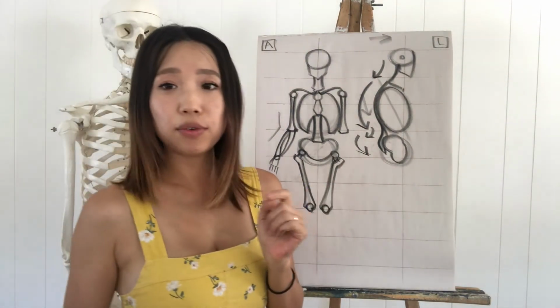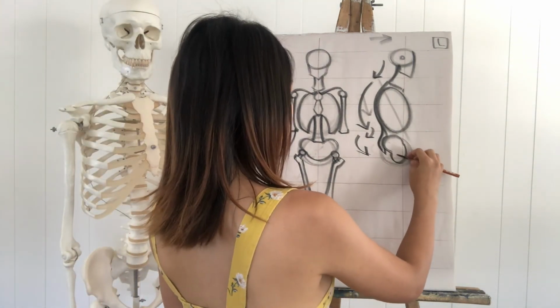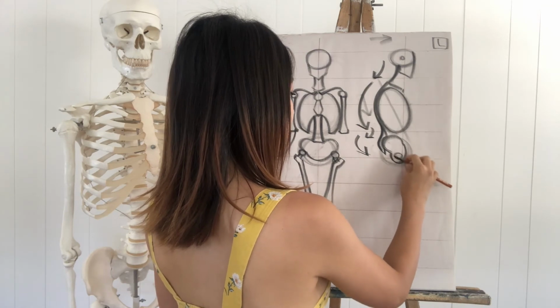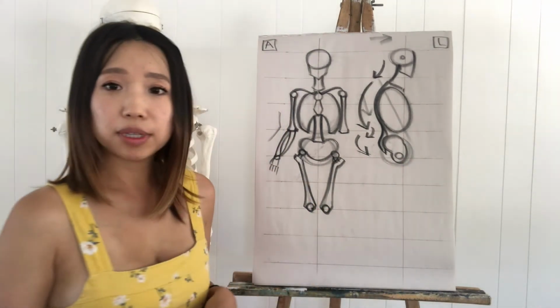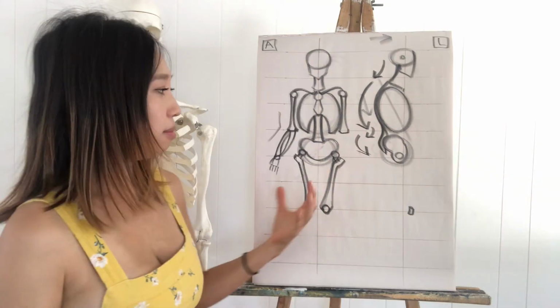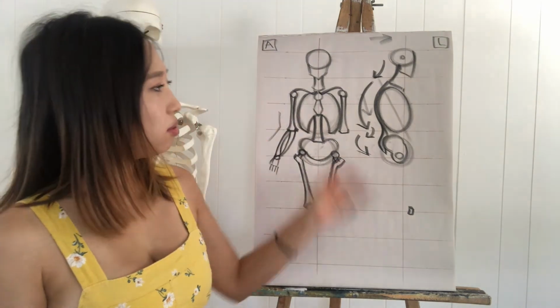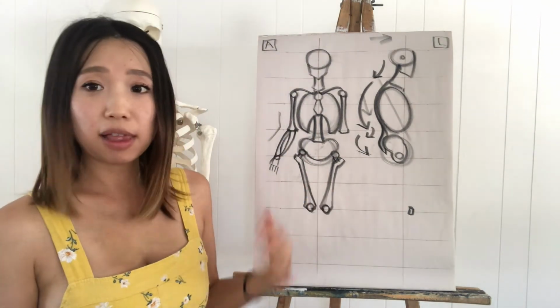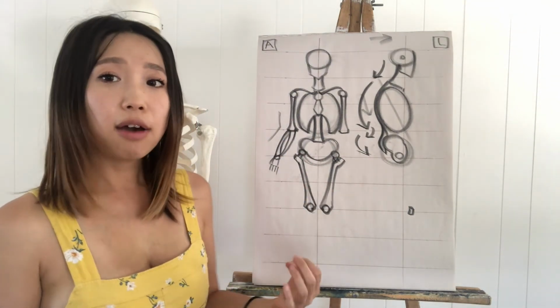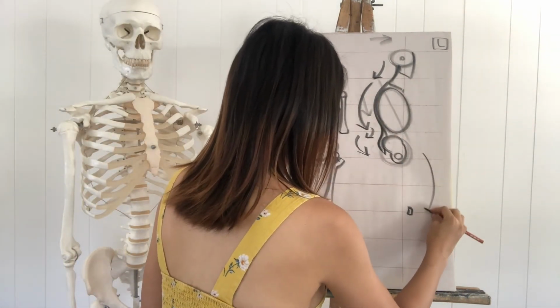In the lateral view, it's going to be pretty simple. You're just going to start the femur from the bottom of the pelvis right over here, two heads, so it should end over here. The patella is going to be the flat form, just like this. So when you look at the femur from the lateral view, now you are going to create this curve that goes out this way.